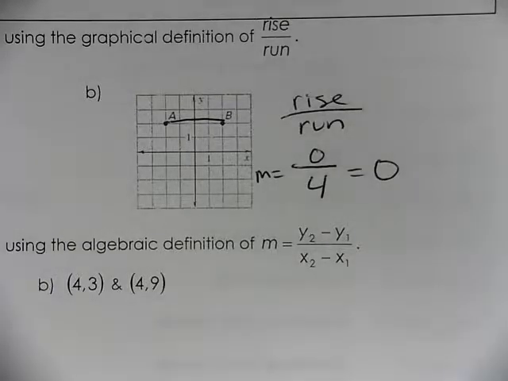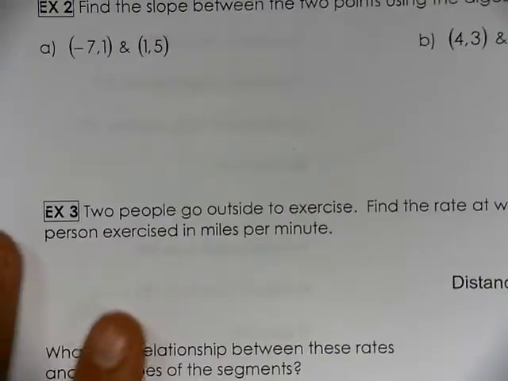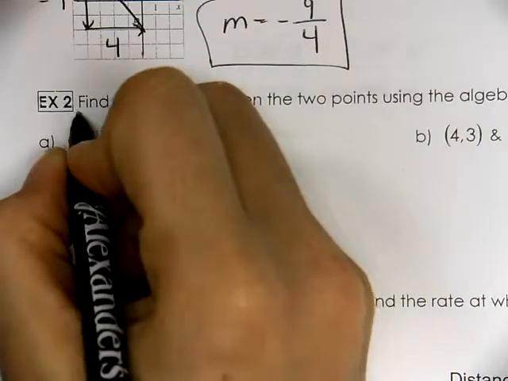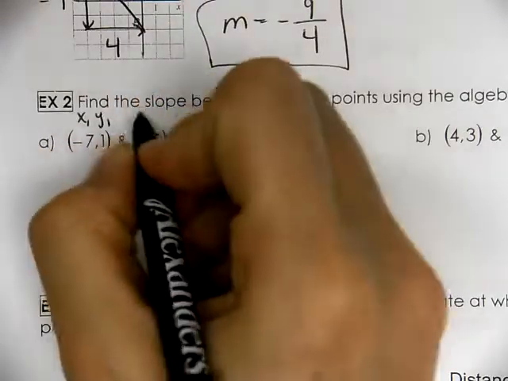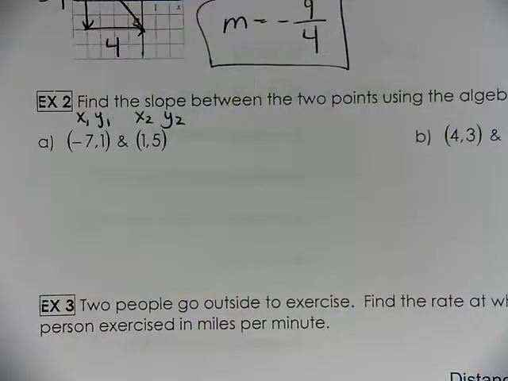Okay, you're not always going to have a graph, though. So on example 2, let's find the slope using the formula: y2 minus y1 over x2 minus x1. So remember, label x1, y1, x2, y2.